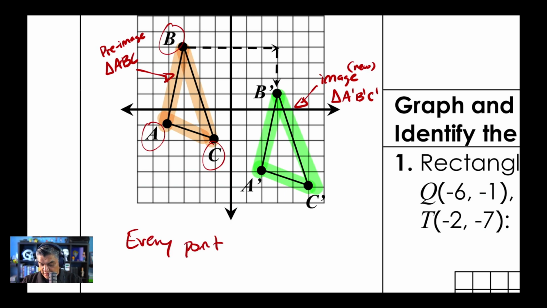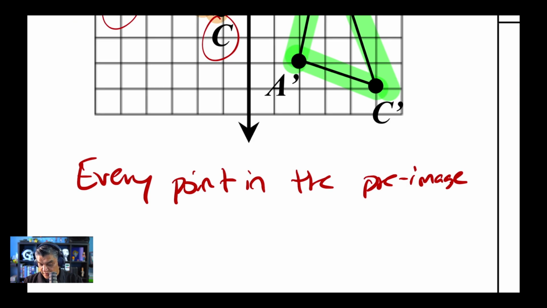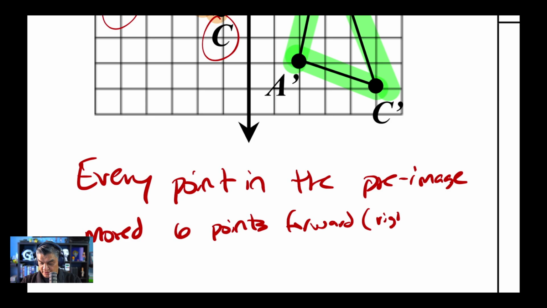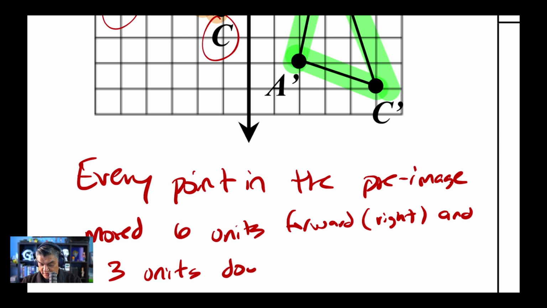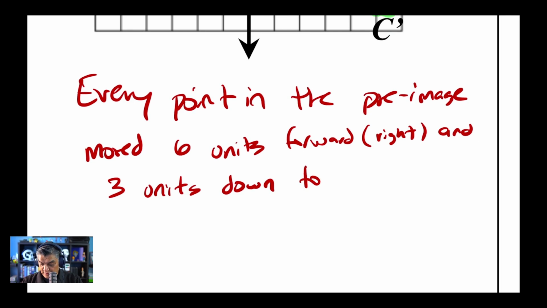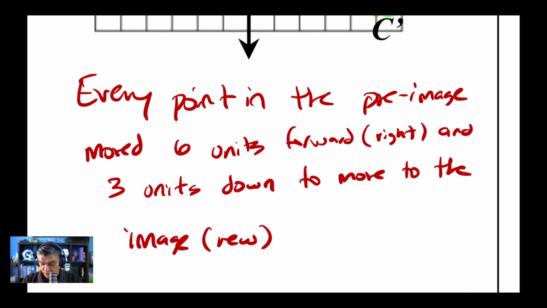So we can describe this translation as: every point in the pre-image moved 6 units forward, which means to the right, and 3 units down to move to the image, the new one.